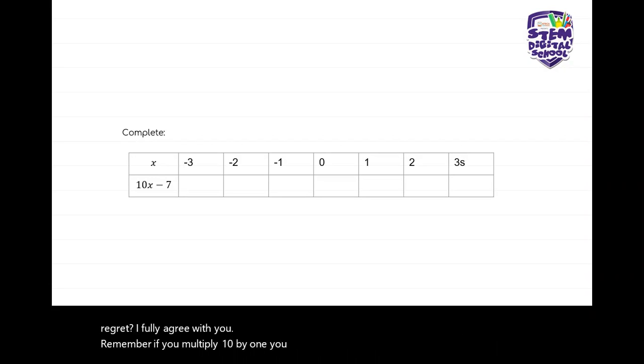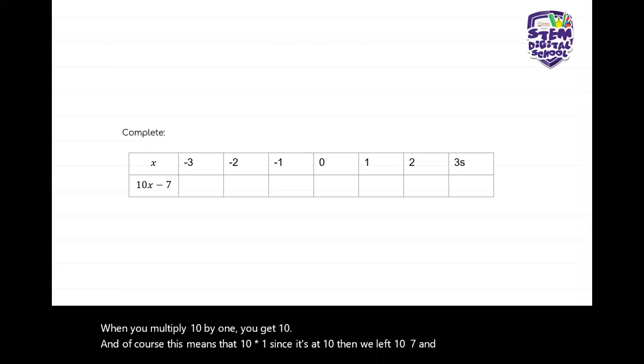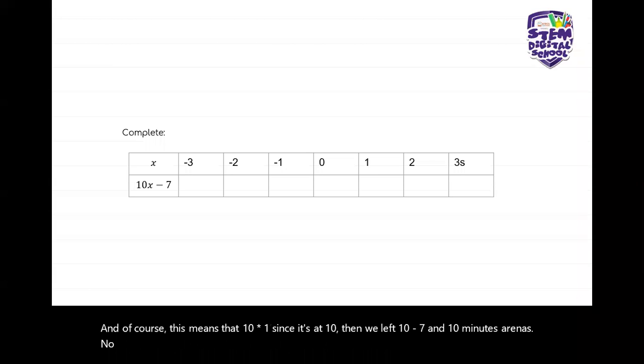Then you'll have 10 minus 7, and 10 minus 7 is, Nolwazi said, it's 3. So Nolwazi also got it right, together with Becky Temba and then Fizana as well.